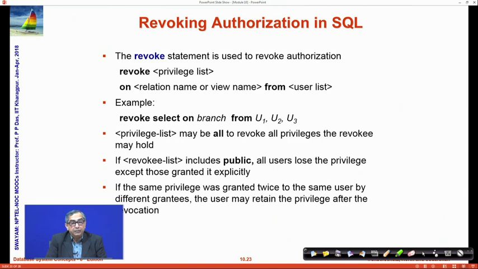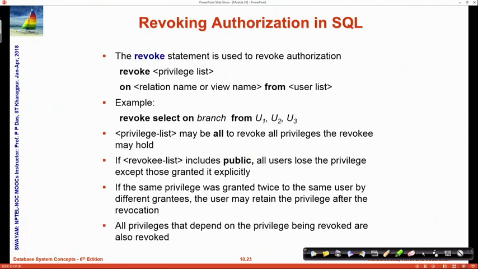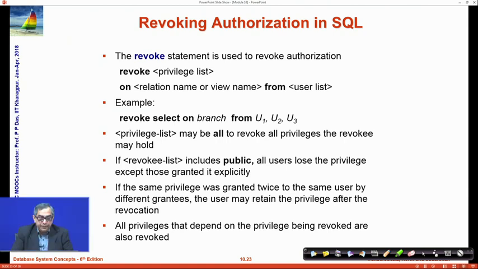So, every privilege that is granted needs to be explicitly revoked. All privileges that depend on the privilege being revoked are also revoked. If you revoke the update privilege, then the select privilege will remain. But if you revoke the select privilege, then the update privilege will certainly get revoked, because if you cannot read, then naturally you cannot change.